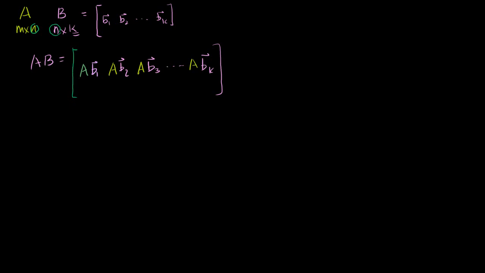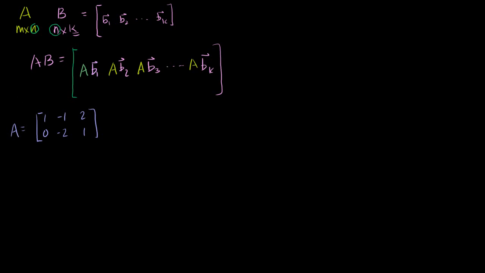So let's say that I have the matrix A. Let's say that A is equal to the matrix 1, -1, 2, 0, -2, 1. I keep the numbers low to keep our arithmetic fairly straightforward.